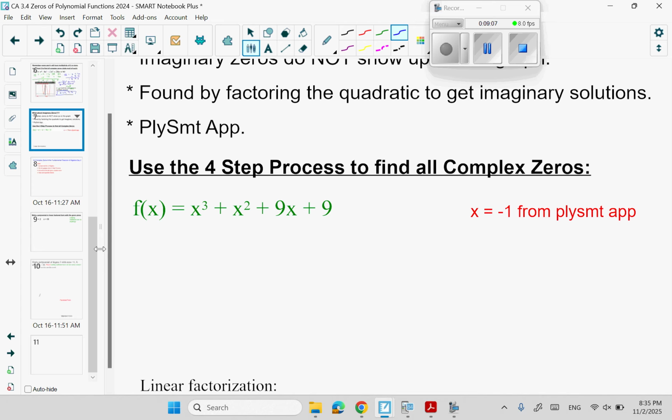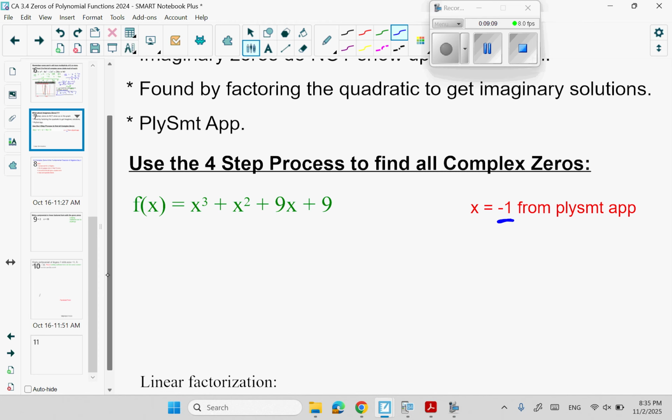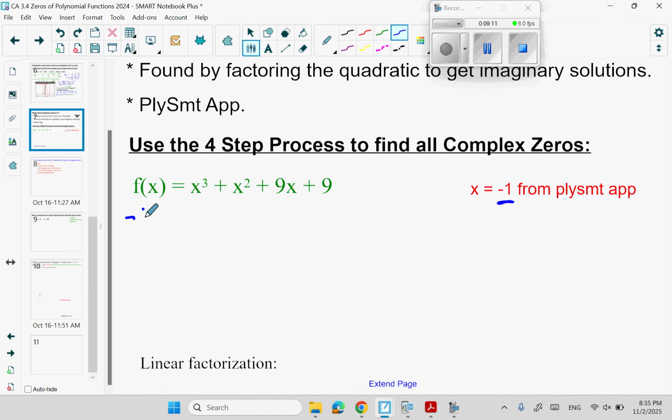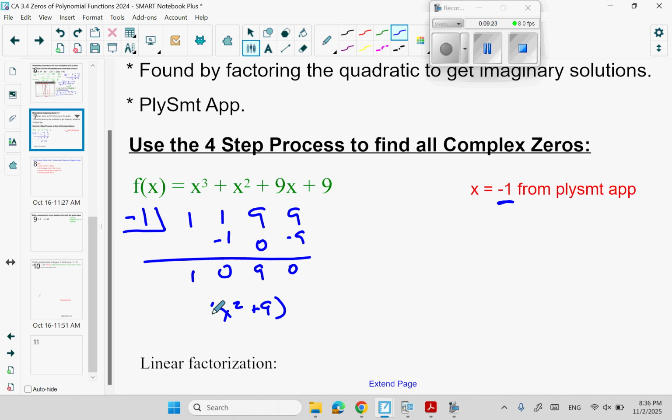Well, I can graph it, and I can usually find that, in this case, -1 would show up on my graph. So I end up with x squared plus 9 and x plus 1.